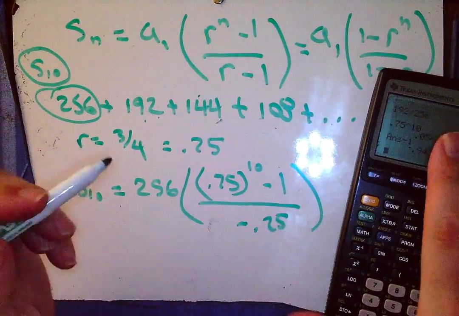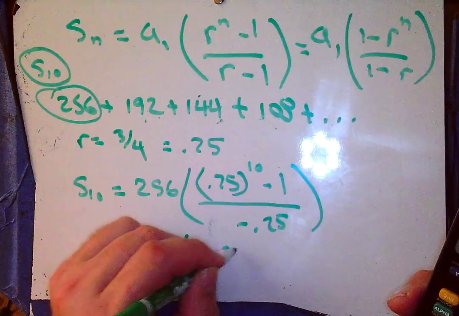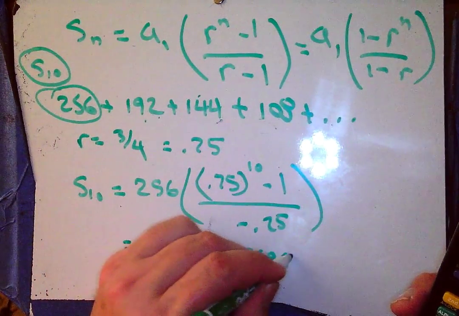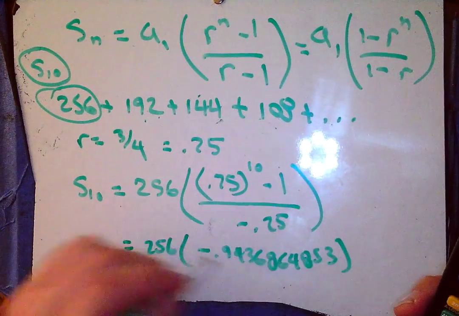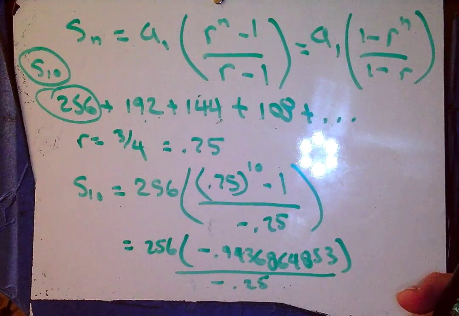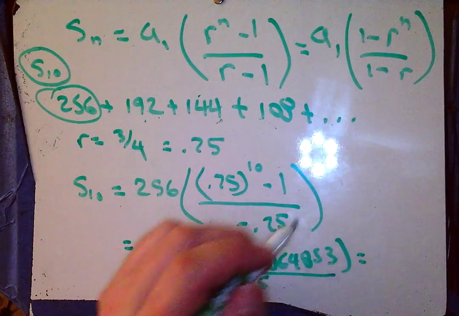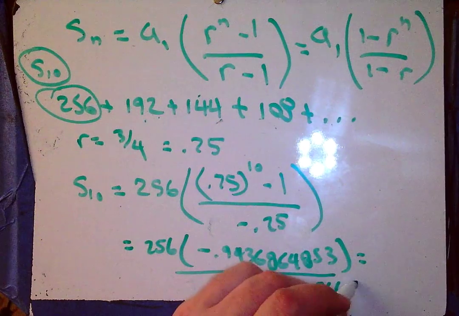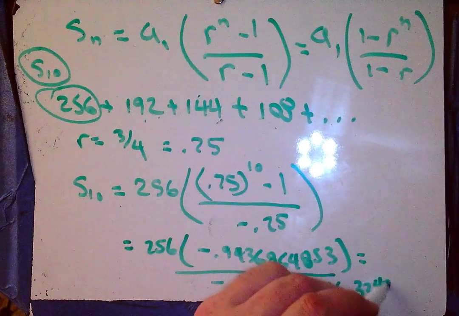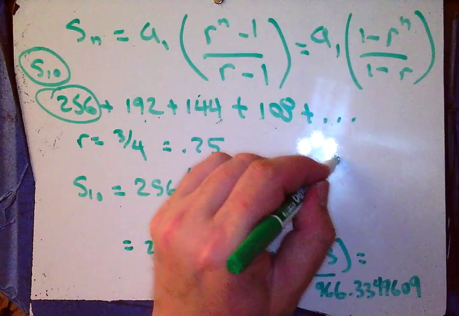So I get negative 0.943686485 and on the bottom negative 0.25. So let's take that numerator and divide it by negative 0.25. And then let's multiply by 256, and I get 966.3349609.